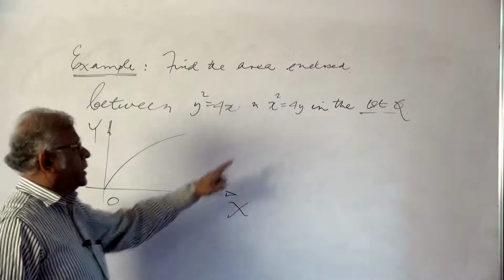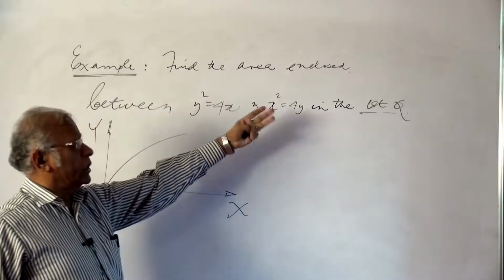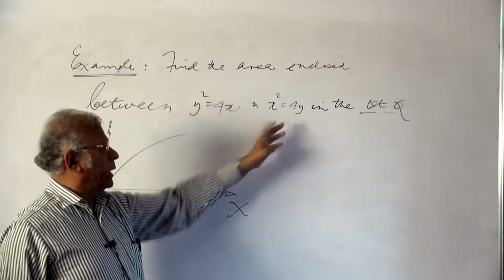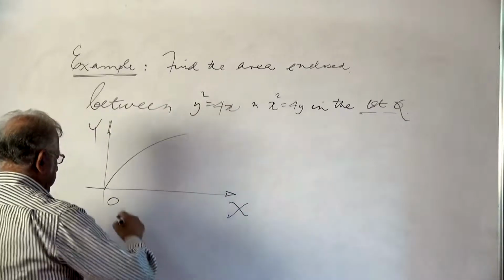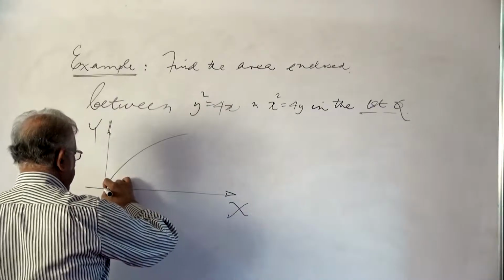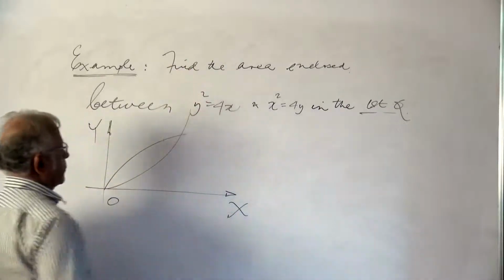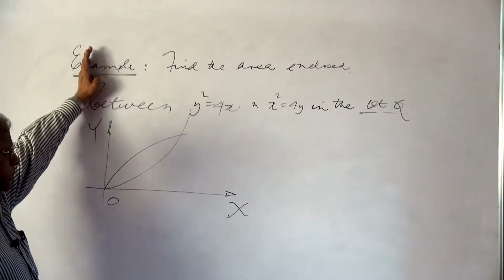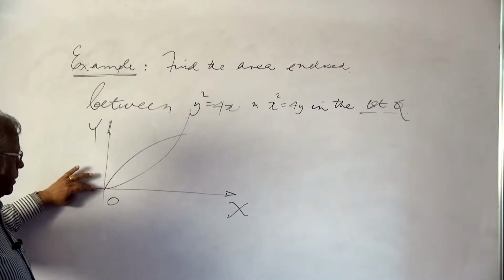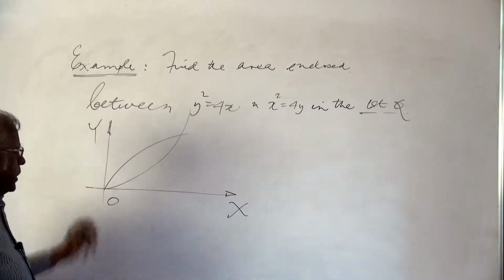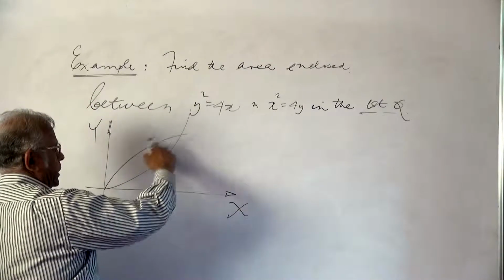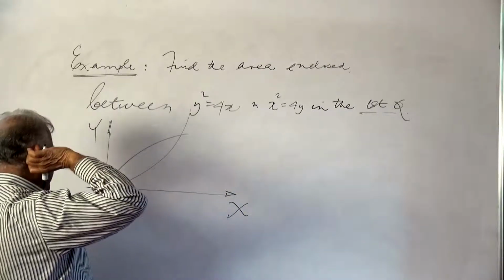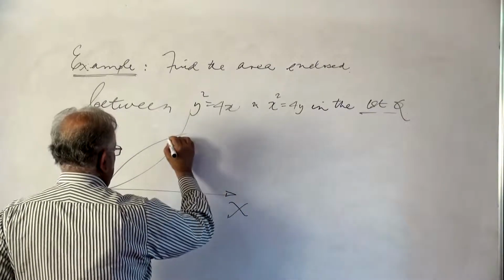Similarly, x square is equal to 4y. We just interchange the roles of x and y in this parabola, and we will get something like this, in which the axis of this parabola coincides with the y-axis. This parabola is symmetric about the y-axis, and the first parabola drawn is symmetric about the x-axis.